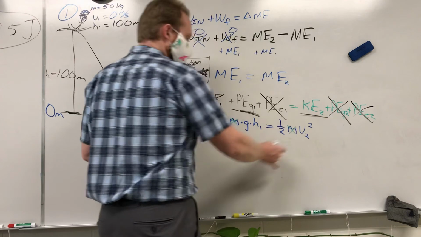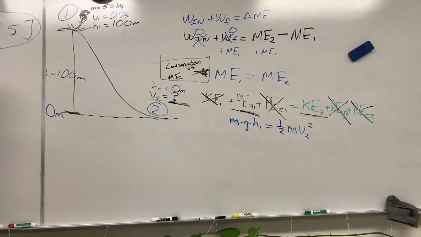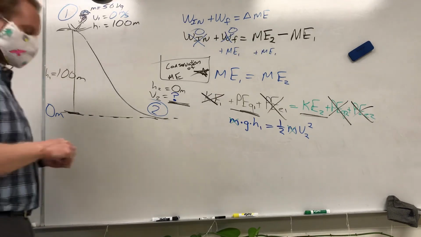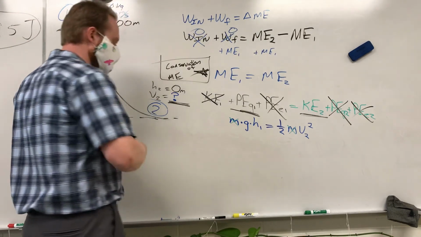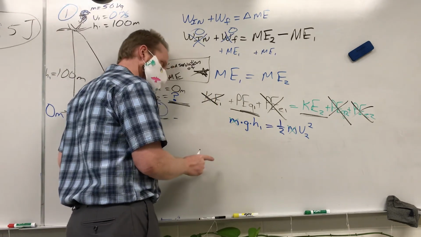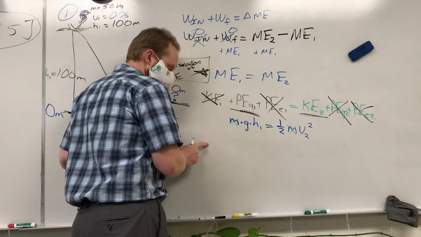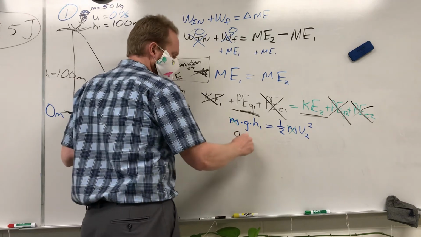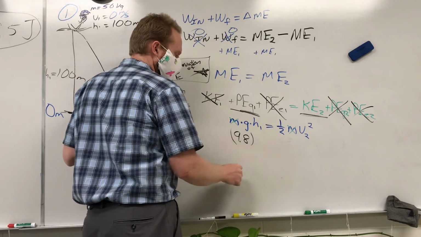If you do not feel comfortable with that cancellation, don't. Leave the mass of 50 kilograms in. It will make no difference. But it is acceptable to cancel the mass because there is a mass in every term on both sides of the equation.